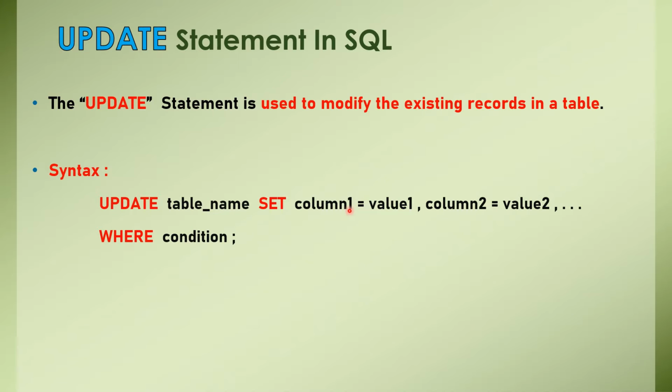If you don't want to update all the fields, then you can write one or two column names based on your requirement, and you need to give the values also, and you need to give the WHERE condition also, because if you don't give conditions, we will see in a minute what will happen, right?